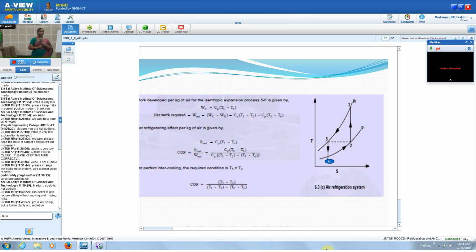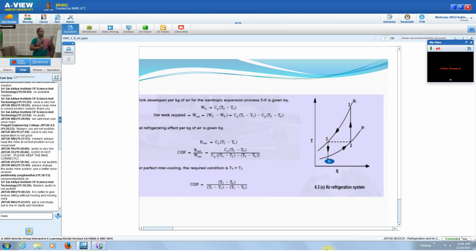Then the net work required is the work required by the compressor minus the work done by the expander. The work input to the compressor is Cp into (T3 minus T2). The work done by the expander is Cp into (T5 minus T6). So we can write the COP.